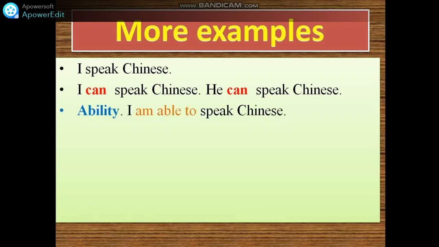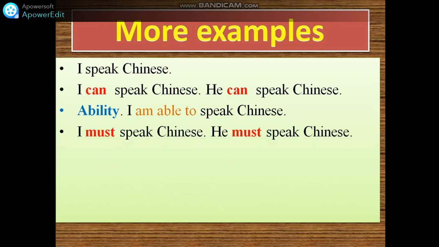Here I'm expressing ability, which means I'm able to speak Chinese. Now, if I use must instead of can, then the meaning is going to change. I must speak Chinese, or he must speak Chinese. Now here it means obligation. It means I'm forced to speak it. Obliged to do it.